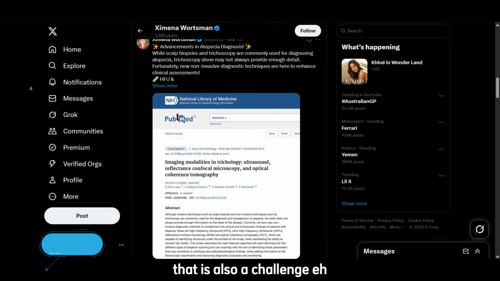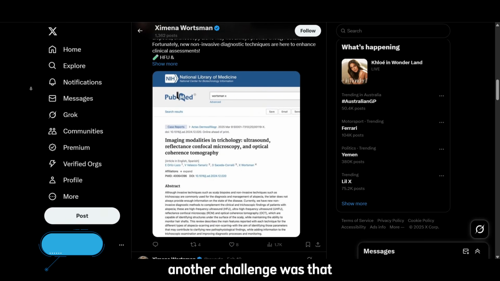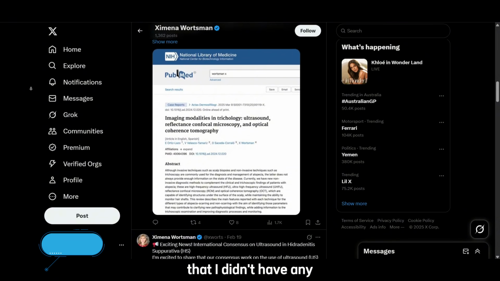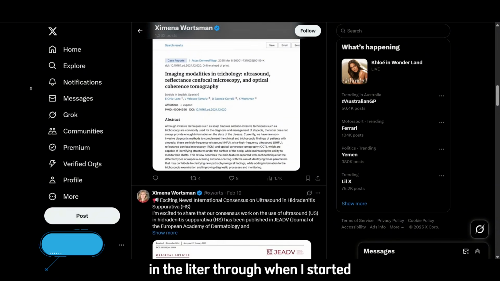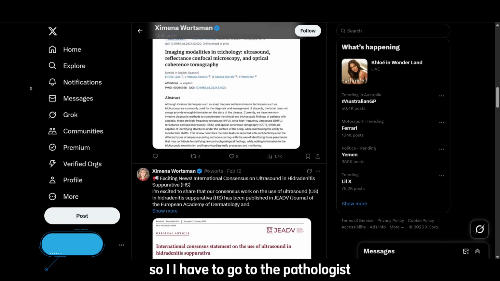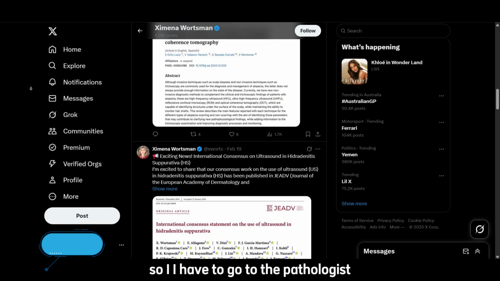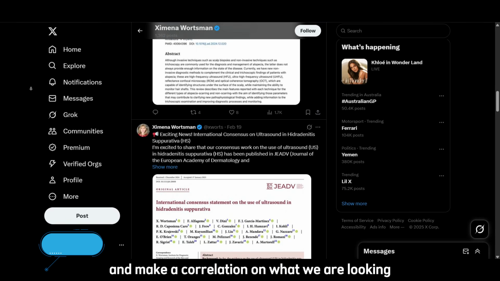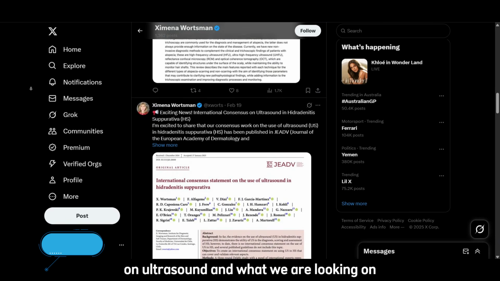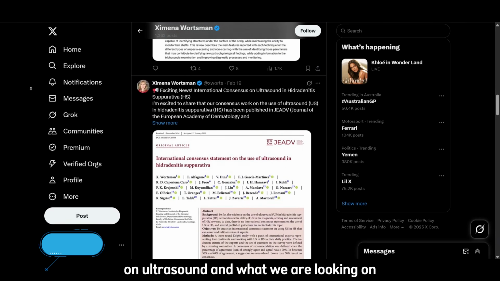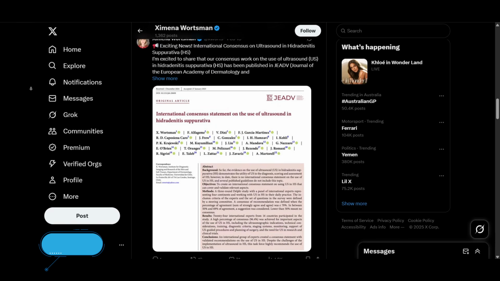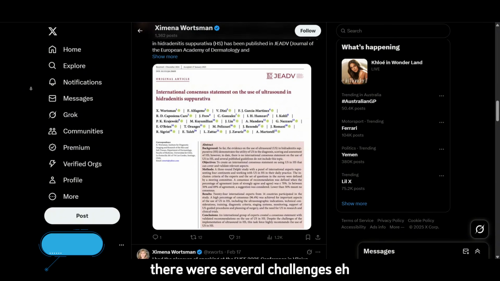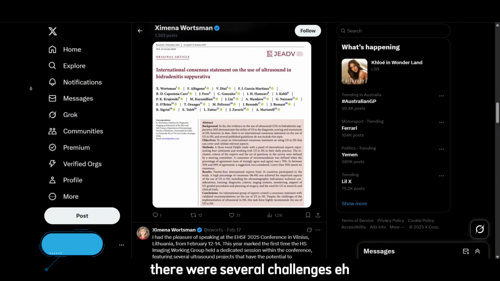That is also a challenge. Another challenge was that I didn't have anything described in the literature when I started. So I had to go to the pathologist and make a correlation between what we are looking at on ultrasound and what we are looking at on pathology, so I could match the structures. So there were several challenges.